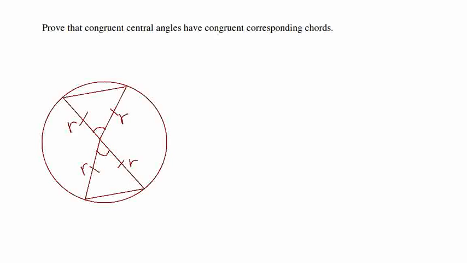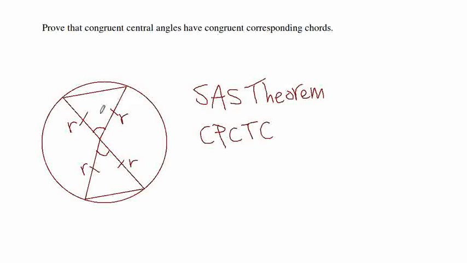Now, once again, I have two triangles, and I know that those two triangles are congruent from the SAS theorem. And therefore, from the fact that congruent parts of congruent triangles are congruent, the chords are congruent. So that completes that proof.